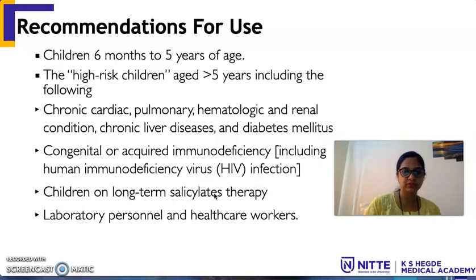So, not all children are routinely given this vaccine. Between 6 months to 5 years, we do recommend it to prevent flu.